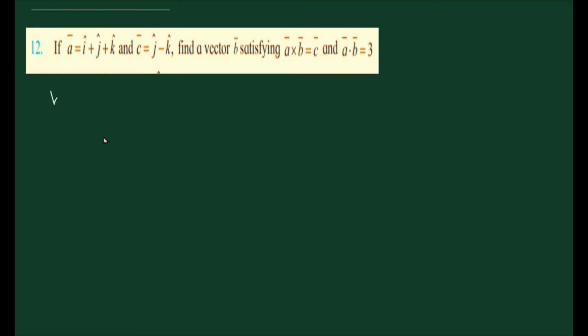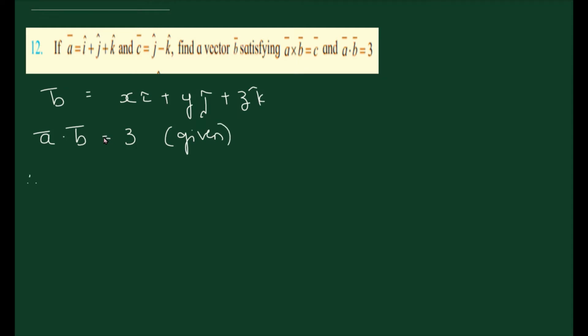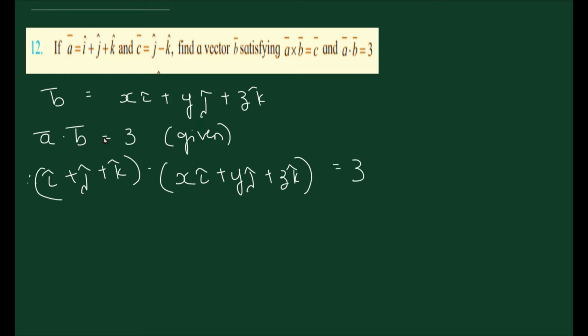Suppose we take this vector as B bar is equal to Xi plus Yj plus Zk. Now according to this condition, we have A dot B is equal to 3, which is given. Therefore, A is I plus J plus K dot B is Xi plus Yj plus Zk, which is 3.